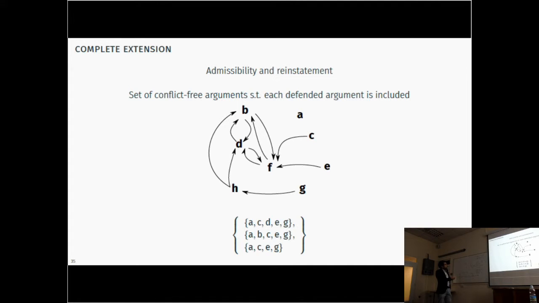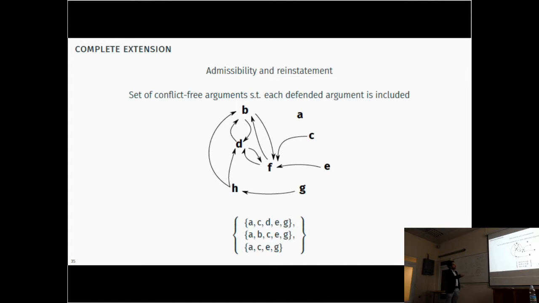Then we have perhaps that D here receives an attack from H, but is defended by this G. And so if we take D in this extension, it means that we can no longer take B. That's fine. And F as well, but F is already attacked by other arguments. So we can have A, C, E, G as a possible extension.